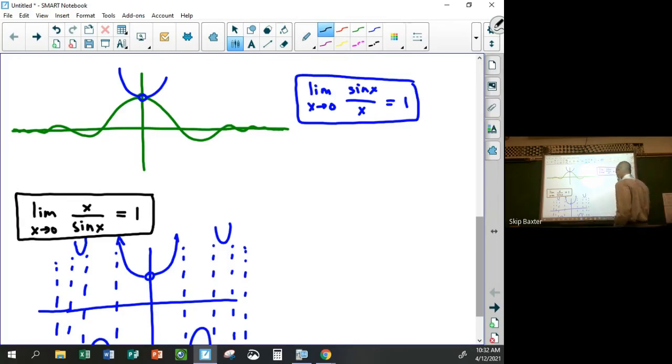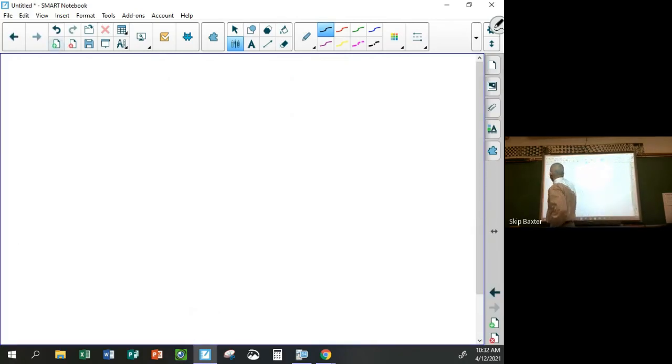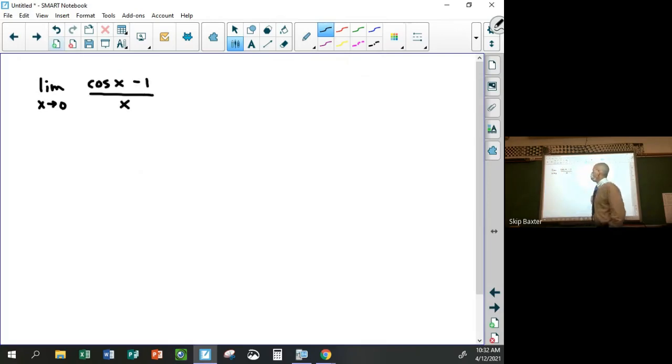The next one is different. The next one is, what if you have the limit as x goes to 0 of cosine x minus 1 over x. So I know if I take the cosine of 0, I get 1, right?